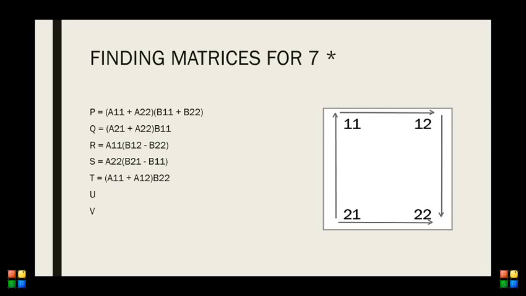And now, just to revise what I did right now, I started from the bottom. I took left to right for Q, and I took the sum a21 plus a22. And for R, I took the vertical value from the right, from top to bottom, that is b12 minus b22.